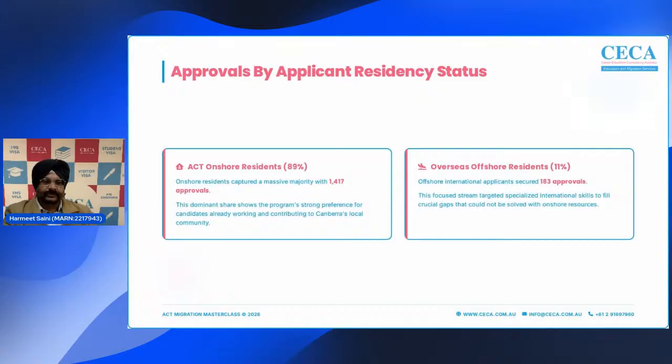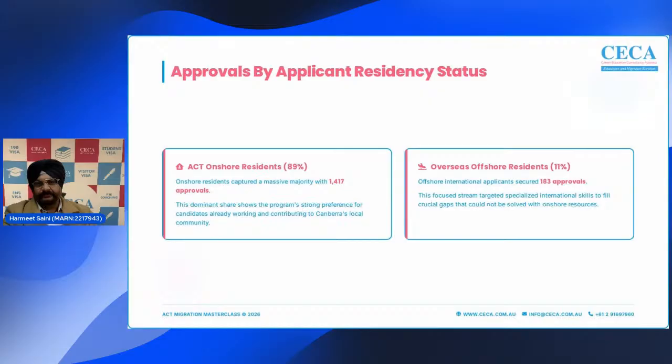Onshore residents captured a massive majority with 1,417 approvals, while offshore approvals were only 183. This dominant share shows the program's strong preference for candidates working and contributing to the Canberra local community.